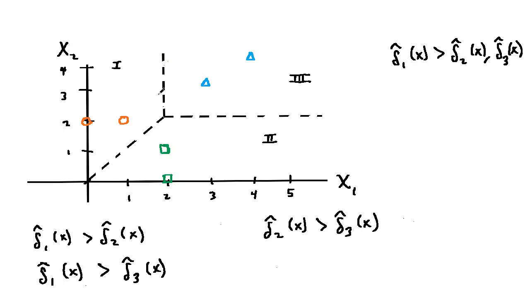Conversely, if x is in region 2, we classify x as of class K2. And if x is in region 3, we classify x as of class K3. The point (1, 3), that's here, is in region 1, so we classify it as of class K1.